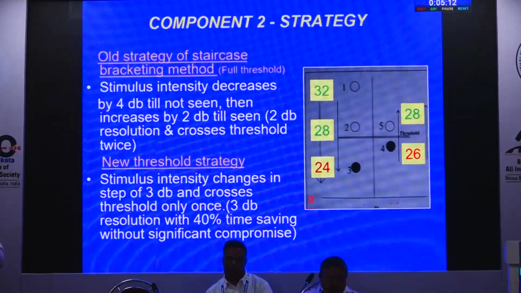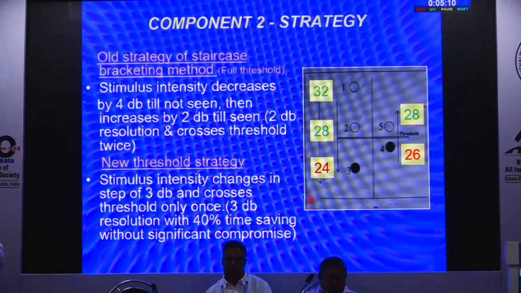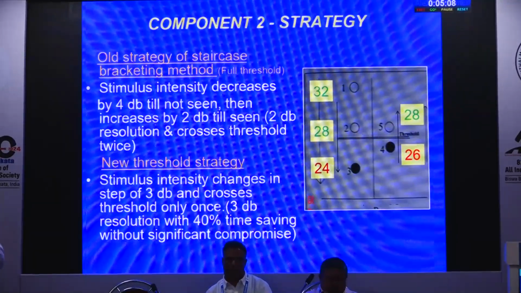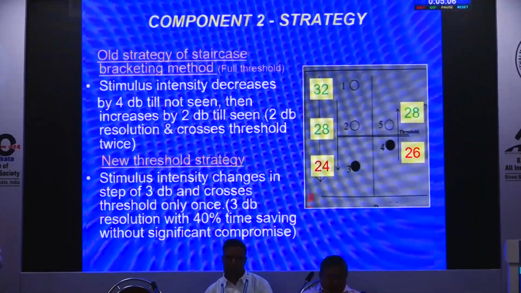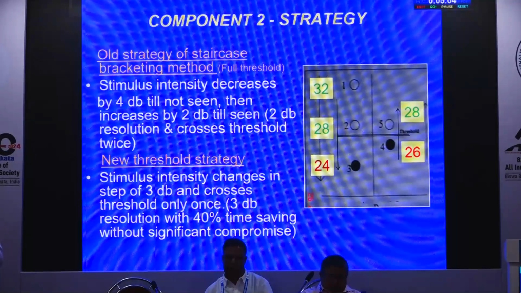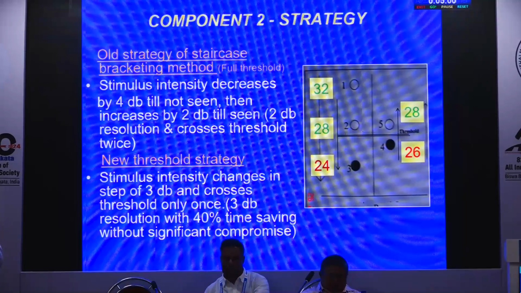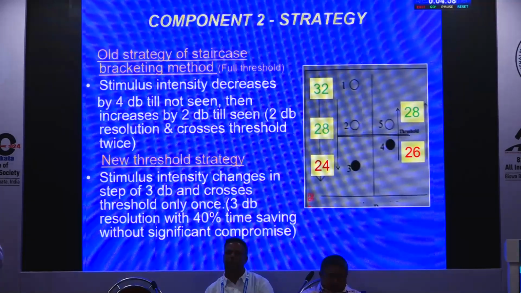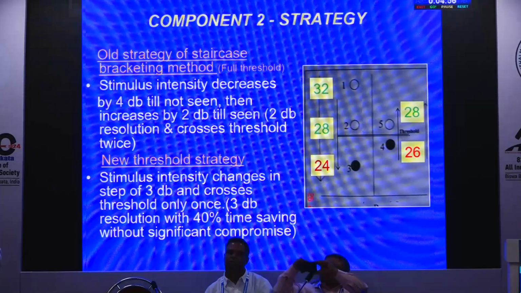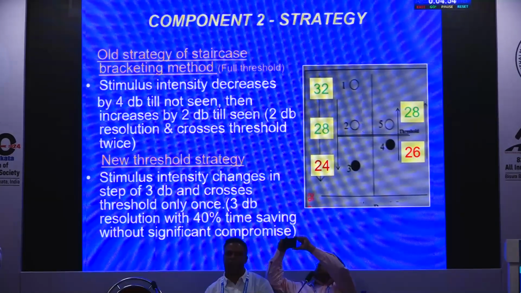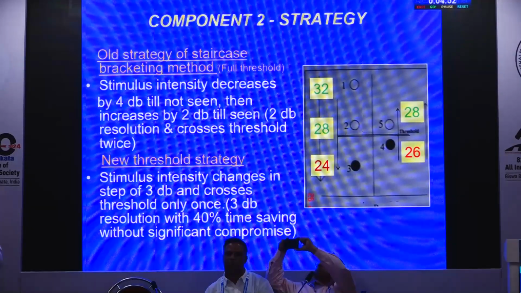The second one is the strategy that we have to take into account. We have two strategies. The older strategy, which was known as the bracketing method, and the newer strategy, which is the new threshold strategy. In the older strategy, the stimulus used to travel 2 times across the threshold value with a value of 4 decibels apart, and then while descending back, it used to reduce by 2 decibels.